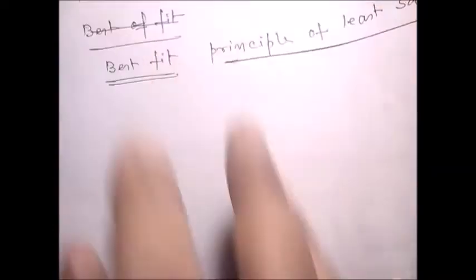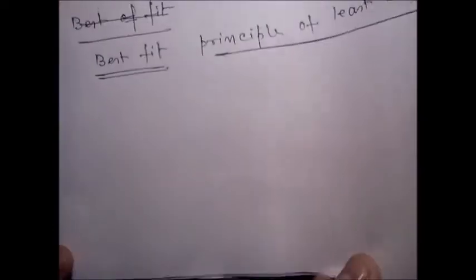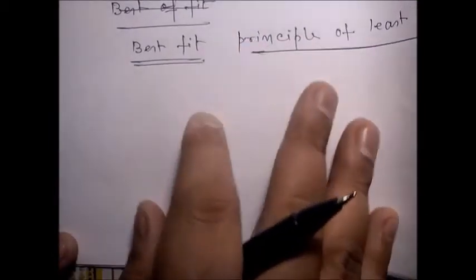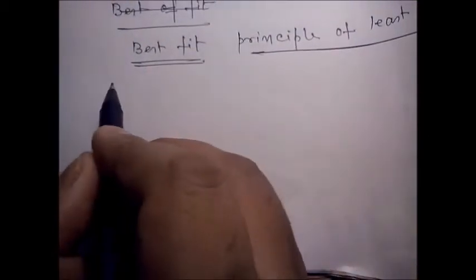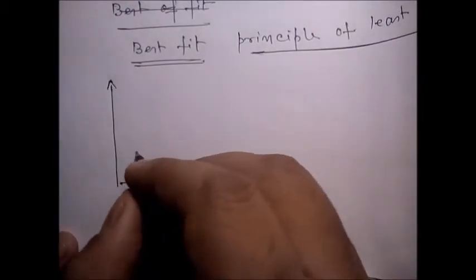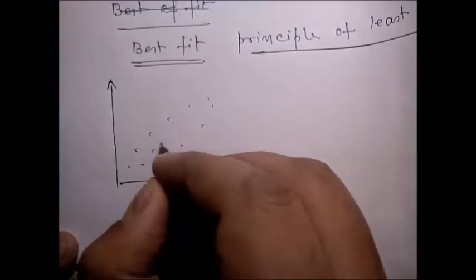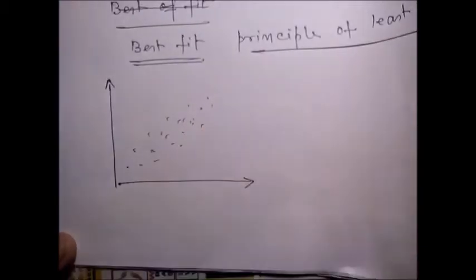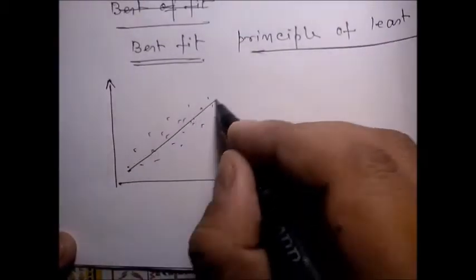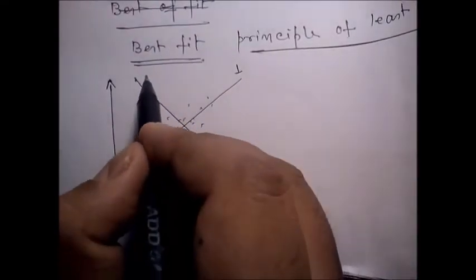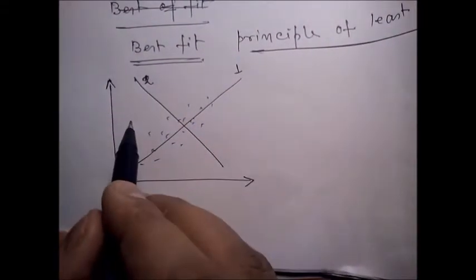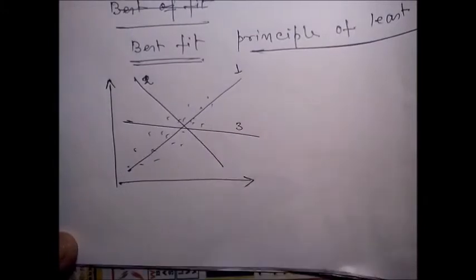Okay, now so what is that? Suppose we have one scatter plot. Suppose the scatter plot is like that. Okay, so a few lines are there. Say line number 1, line number 2, line number 3.